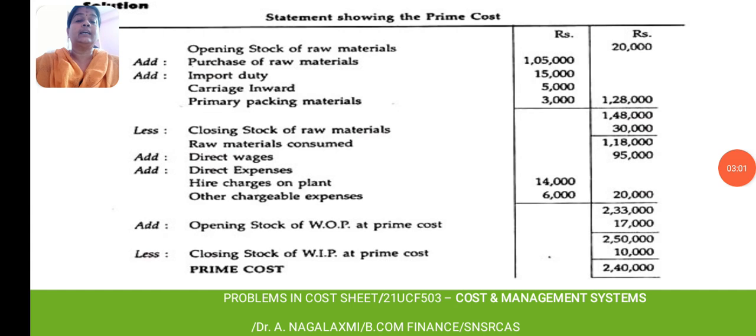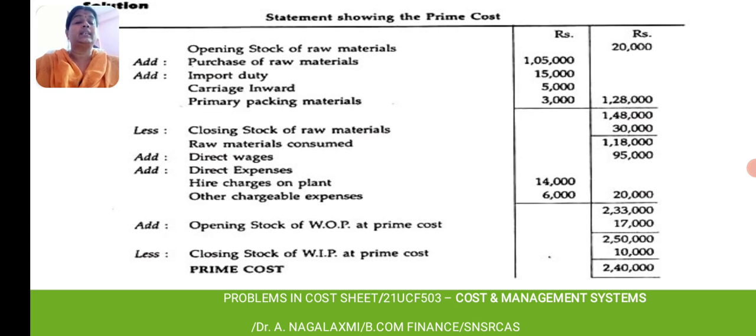Next is direct wages. So how much is the direct wages? 95,000 is the direct wages. That is to be written in the outer column. Next we have to add direct expenses. Here they have given some items based on direct expenses.